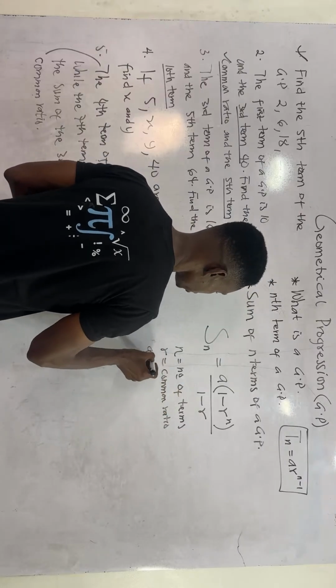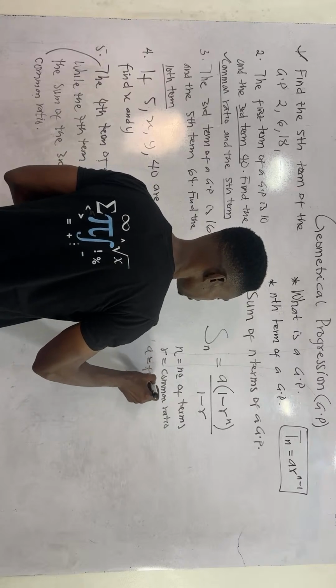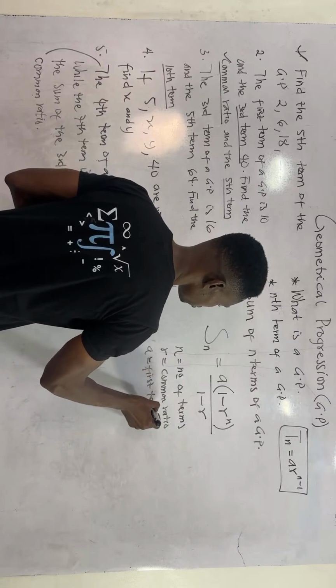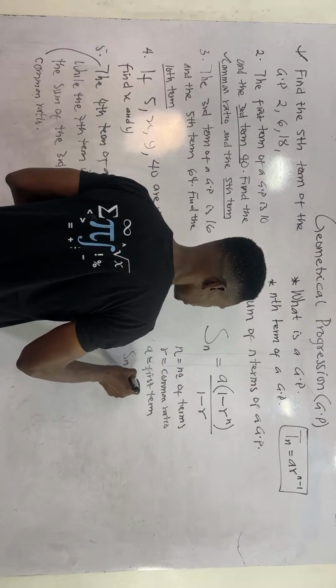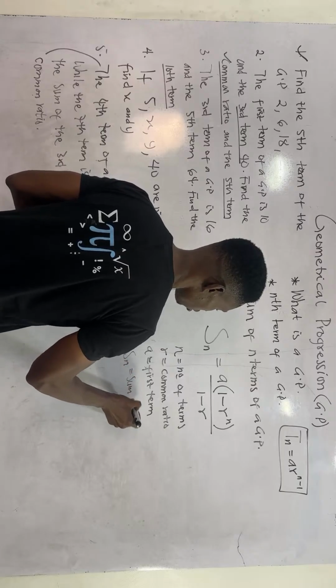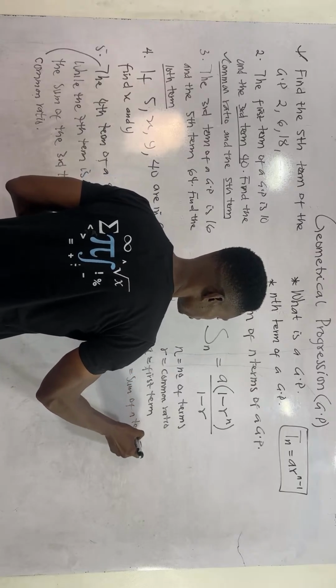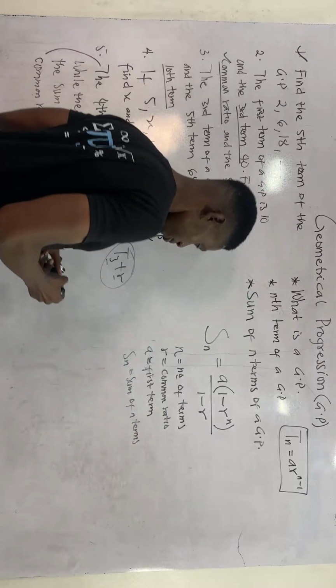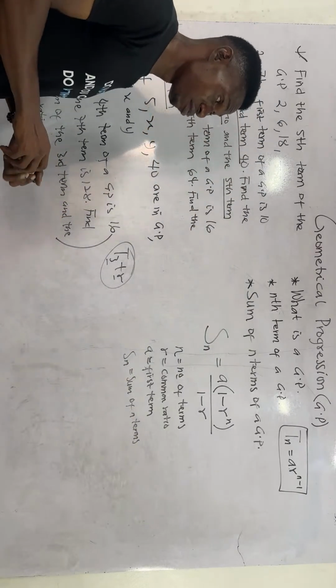Our A is the first term and our Sn is the sum of n terms. You look at the formula very well.